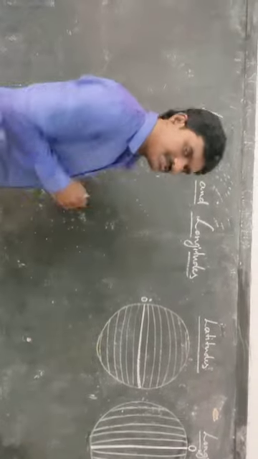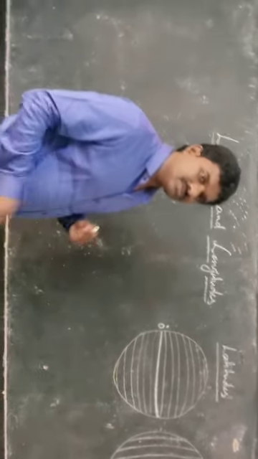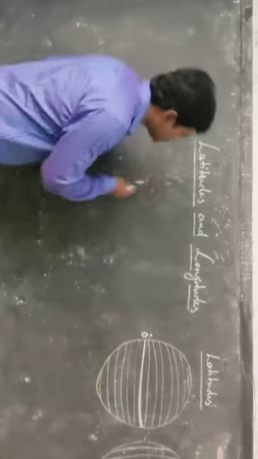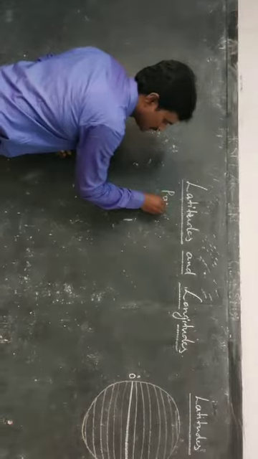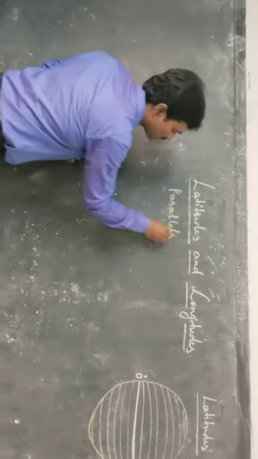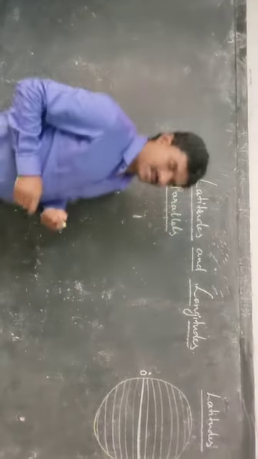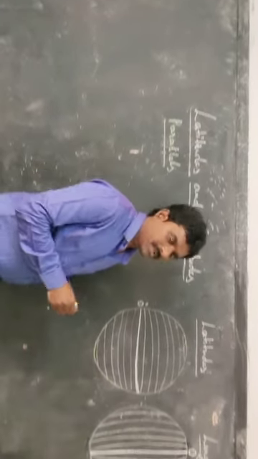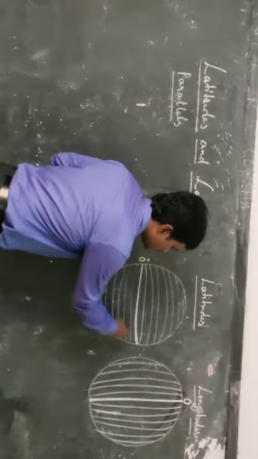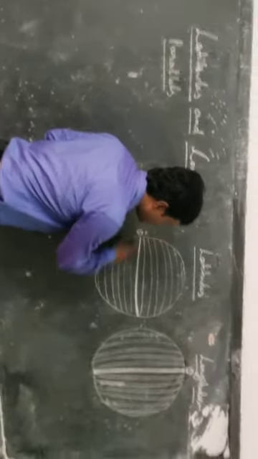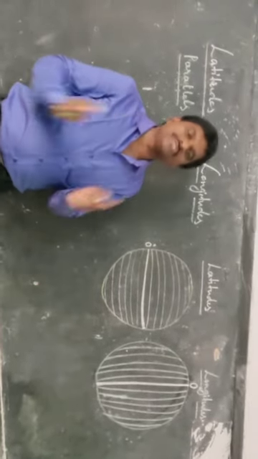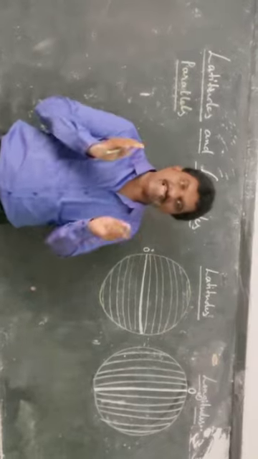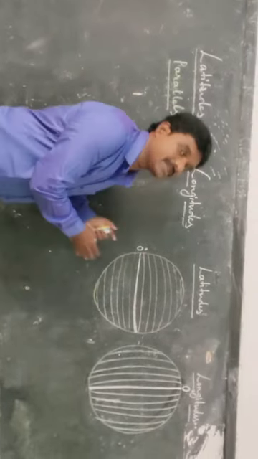Coming to these latitudes, these latitudes are also called parallels. If you see here, the lines which are drawn parallel to the equator, among the latitudes, the biggest latitude is the equator.